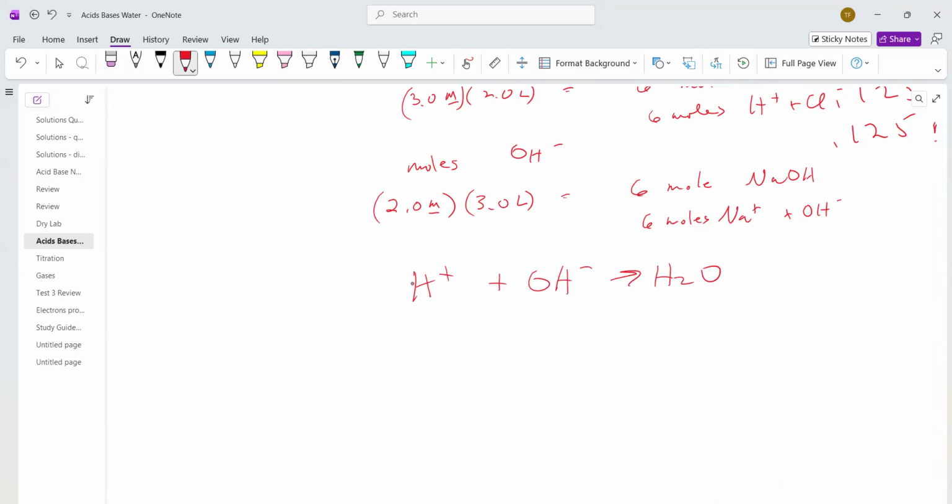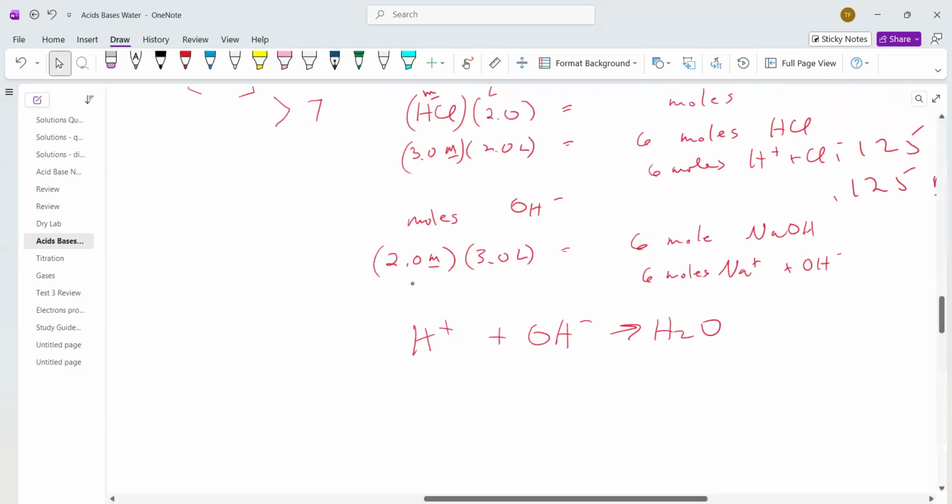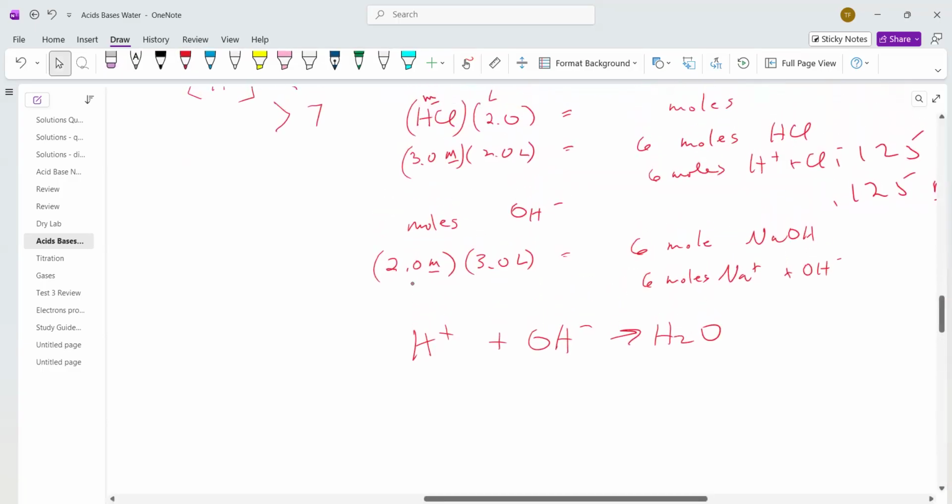Okay, so we have six moles of H, 6 moles of OH.